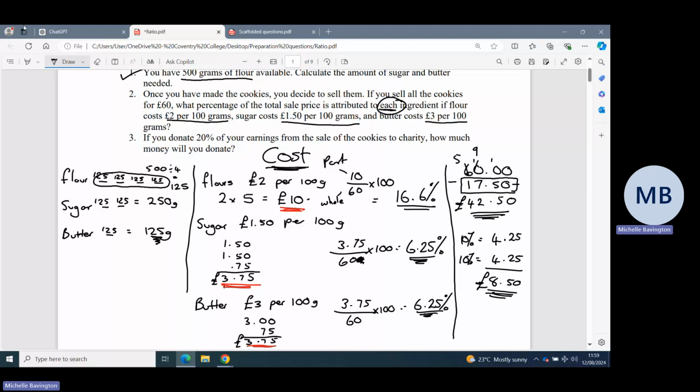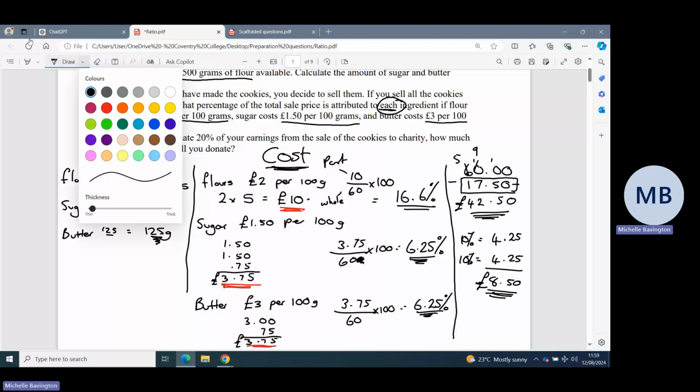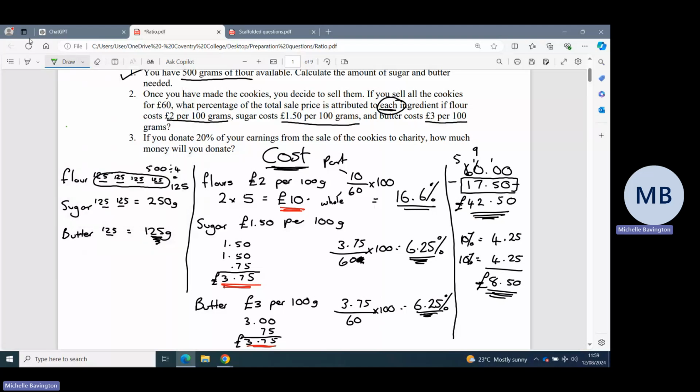Now, look, in the exam, if you get one like this and it looks really, really complicated, you will know something. Even if you got to that point, and you worked out the cost, there's your cost, and you forgot how to work out percentage, so you couldn't do this bit, but you could still do this bit, because it's all about cost here.